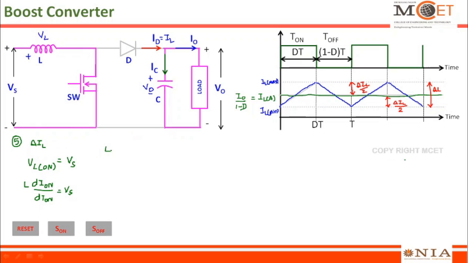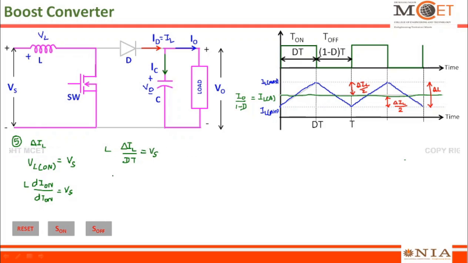So this can be written as L into delta IL divided by dt, as this change in current happens with the time from 0 to dt, which is equal to Vs. So this is the inductor current ripple.